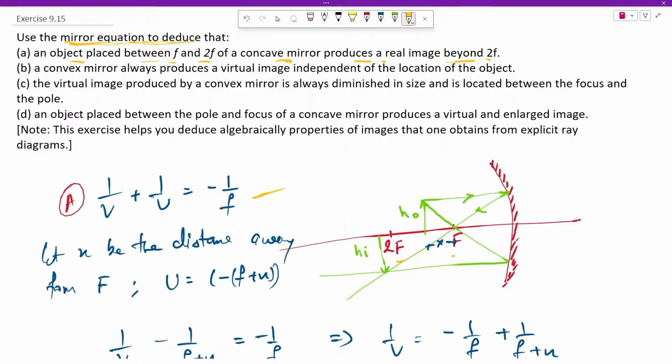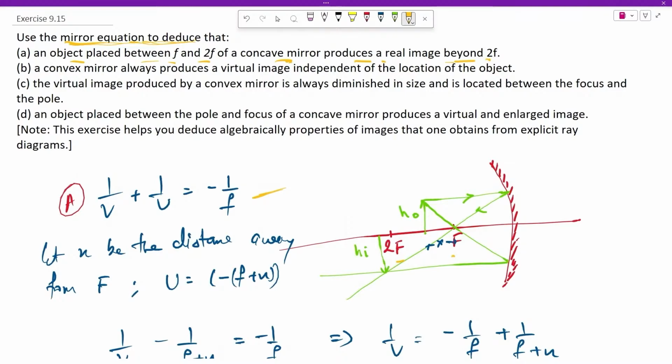That is, it will be formed by the real intersection of light, or in simple terms, it should be formed on the left side of the mirror. That is, v should be negative. v, the distance from the pole of the mirror to the image, should be negative using the sign convention. So let's begin. I have assumed that the distance between the focus and the object is x.